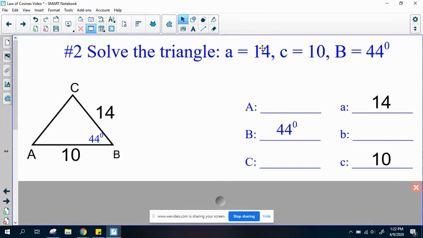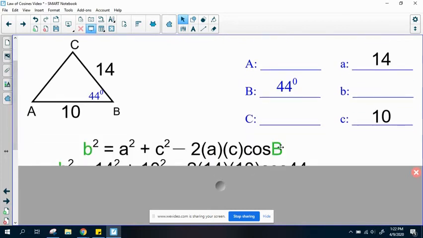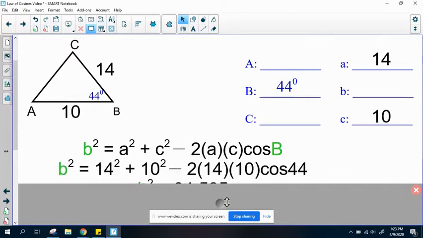Okay, so again, I have side and an angle, and you could see if I put out the information, I'm clearly missing a pair, so I can't do law of sines. This time I know angle B, so I want to find little b. So I'm going to use the same formula, except for now I want B, and side B is on this side. So now I'm going to fill out all my information.